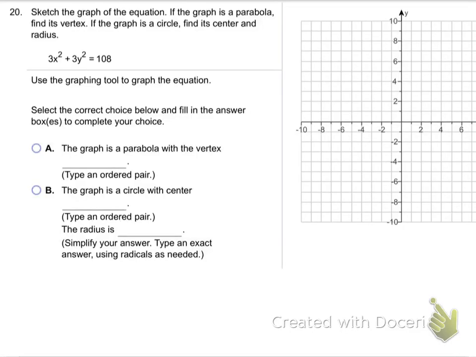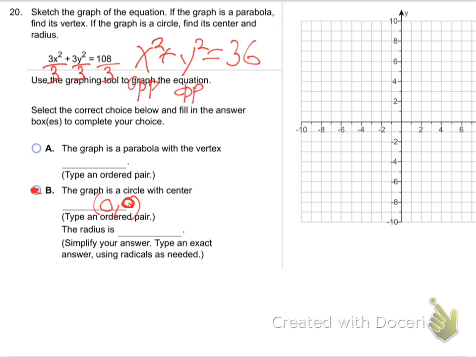Okay, number 20, last problem. Basically, we have to divide through by 3, huh? X squared plus y squared equals, what's that? 36, yeah, 36. And so that's a circle. The center is 0, 0, isn't it? Because of opposite.